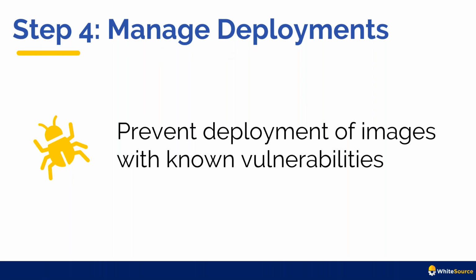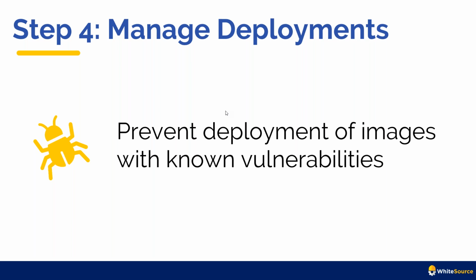This means that I prevent deployment of images with vulnerabilities. Even if I did everything in the process right, and I scanned in the build step, and I scanned in the image registry, we might have some time between the images stored in the image registry until it's actually deployed into production. And during that time, new security vulnerabilities might be disclosed.